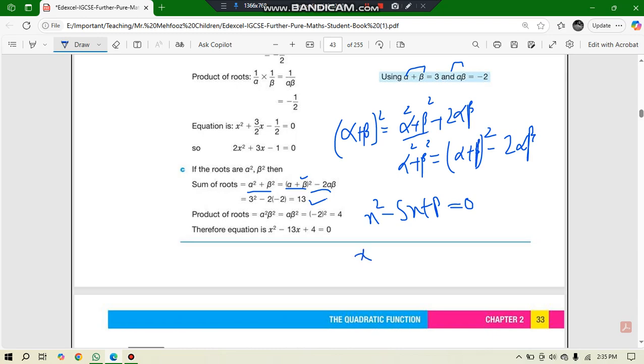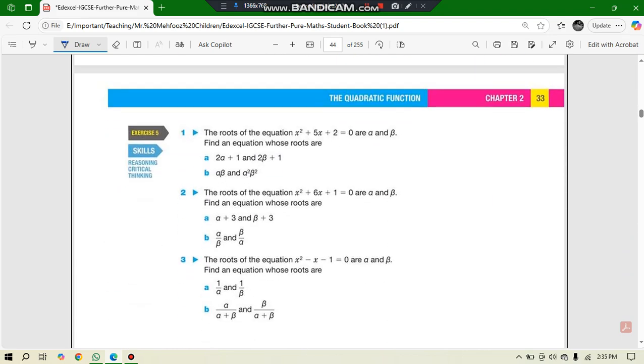So it will be x square minus 13x plus 4 equals 0.